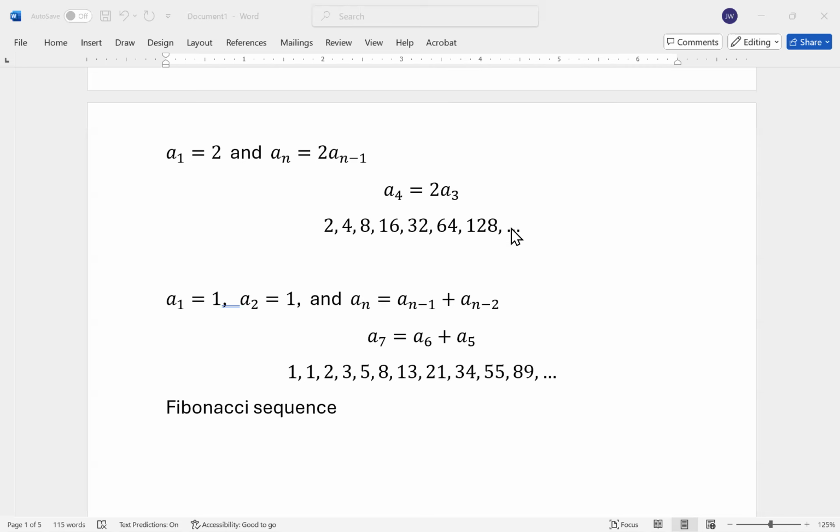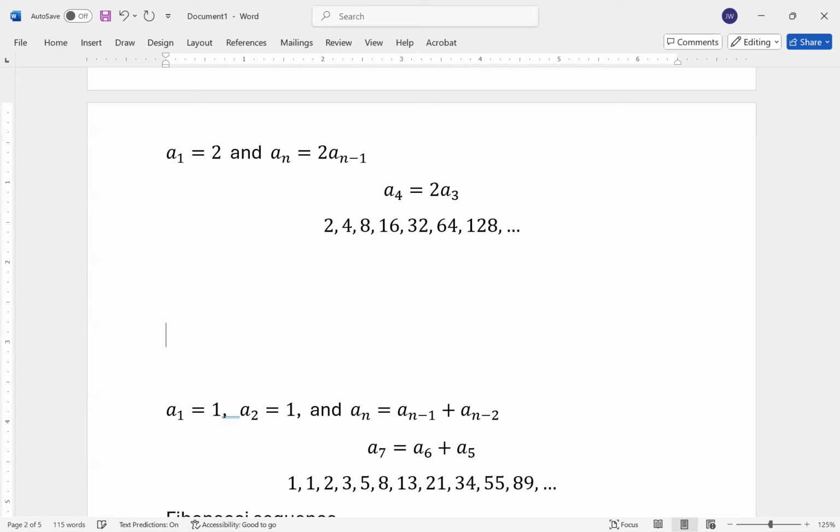Now, I do want to say one thing. Basically, all sequences can have a closed function form, even if they're written recursively. So back when we dealt with these recursive sequences, we found the terms of this first one to be 2, 4, 8, 16, 32, 64, 128, and so on and so forth.